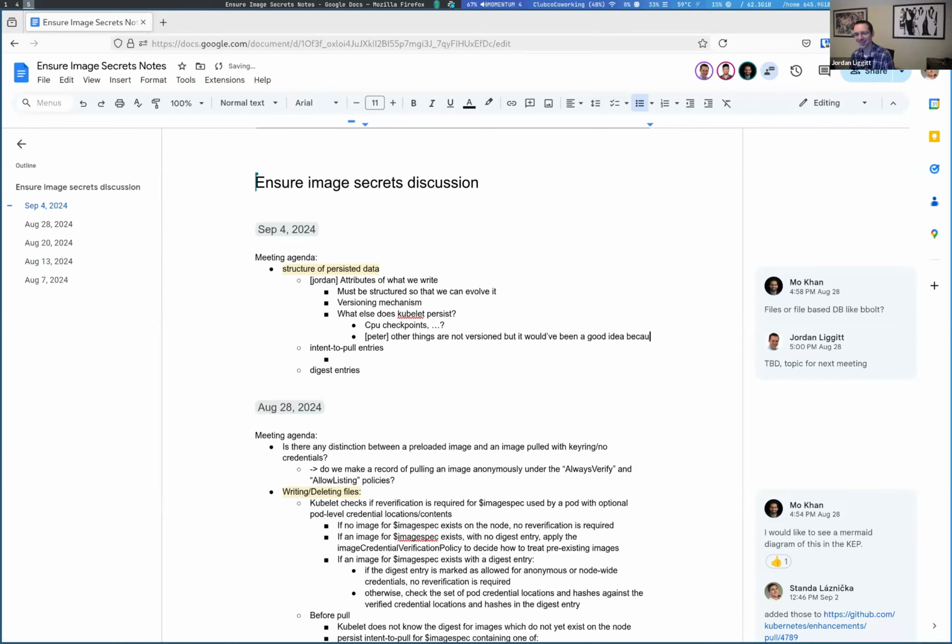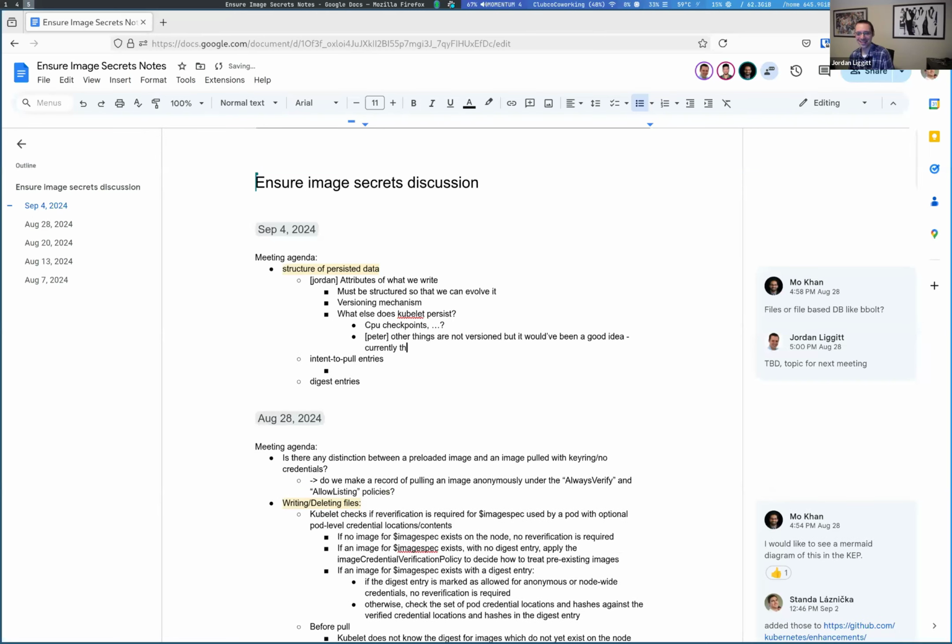So if there's not a ton of prior art that we would want to copy in the kubelet, that's okay. I didn't know if there were really great patterns already in place that were like, oh, we should just do exactly what the kubelet's doing over here. But what we do now could inform a future where we actually adapt the existing state files to be versioned. So that's something to think about. Yep.